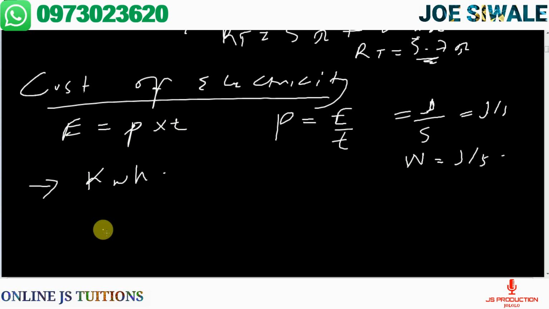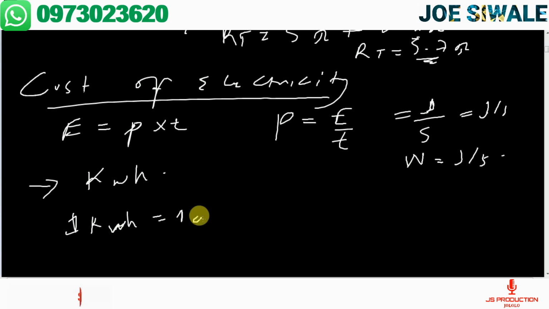From this we can also say 1 kilowatt hour is equal to, since this is watts, and 1 kilowatt is equal to 1000 watts, so this is going to be 1000 watts multiplied by time, since it's in hours.